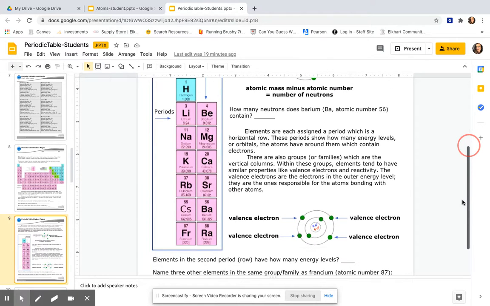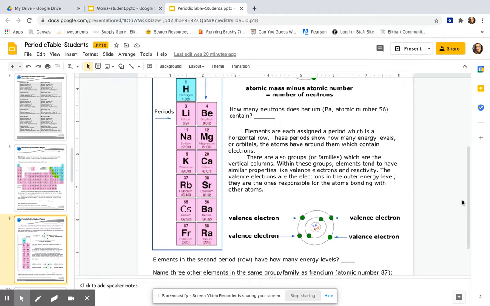Number 56. Elements are each assigned a period, which is a horizontal row. These periods show how many energy levels or orbitals that atoms have around them, which contain electrons.